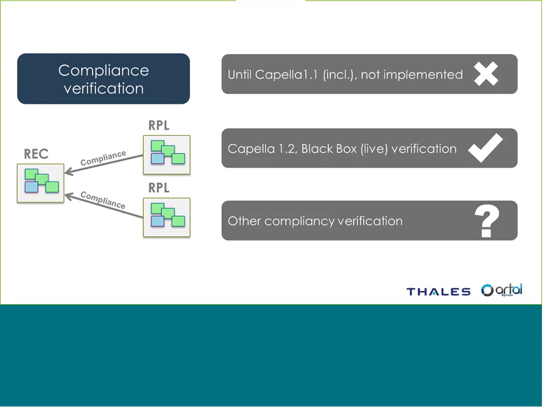We have compliance verification starting from Capella 1.2. And the only compliance that is currently enforced is the black box. Until Capella 1.1, there was no verification of the compliance. There was only the verification of the synchronization.